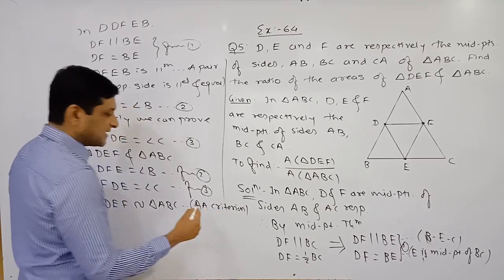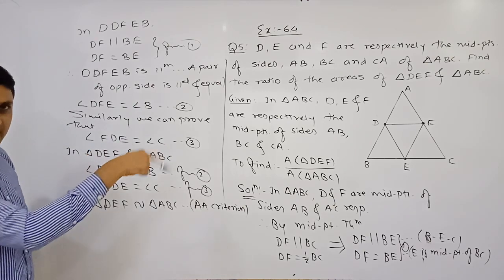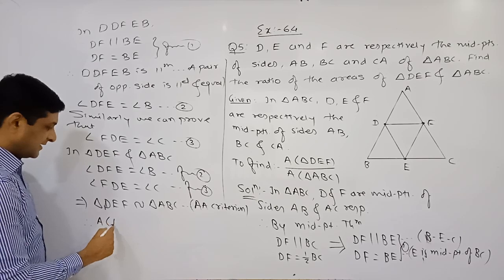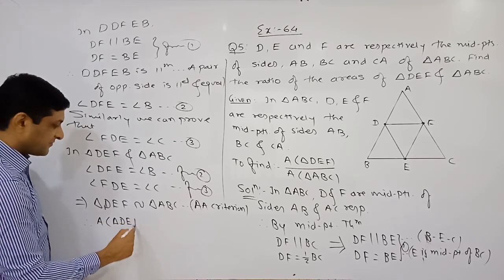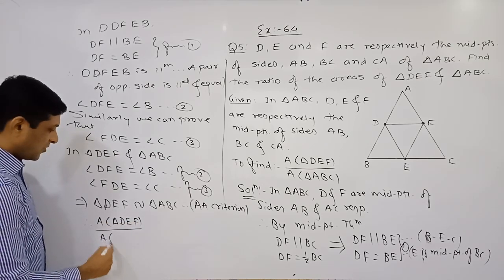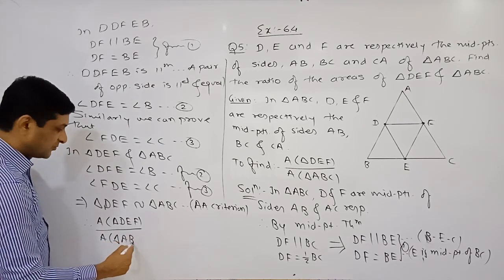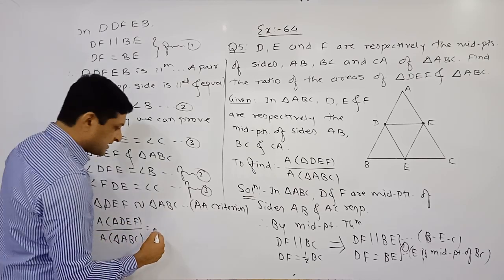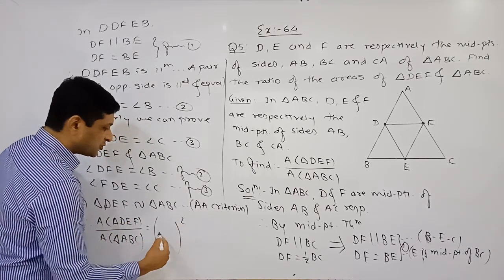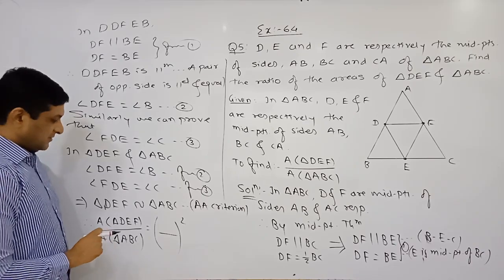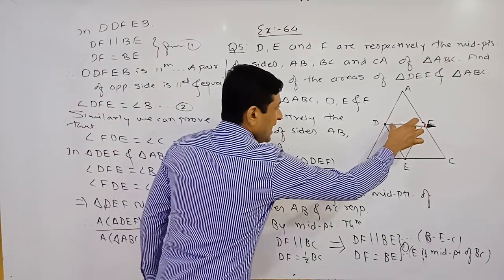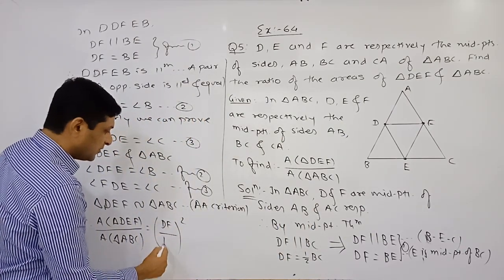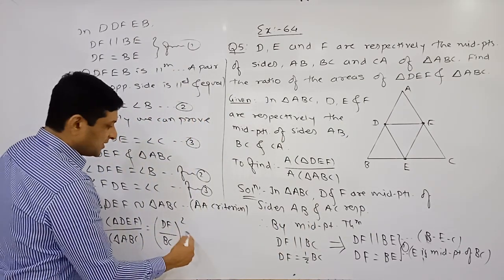And since these two triangles are similar, we can say that the ratio of their areas, so area of triangle DEF upon area of triangle ABC. We know that if two triangles are similar, then the ratio of areas of these two similar triangles is equal to the square of the ratio of corresponding sides. So here DF upon BC. The corresponding side of DF will be BC.